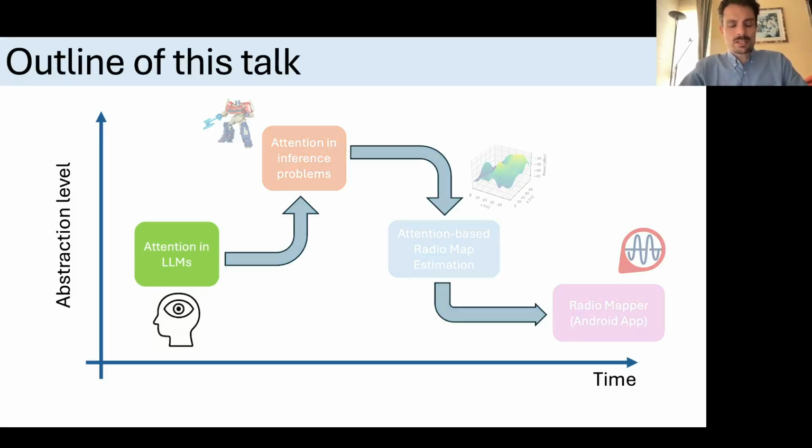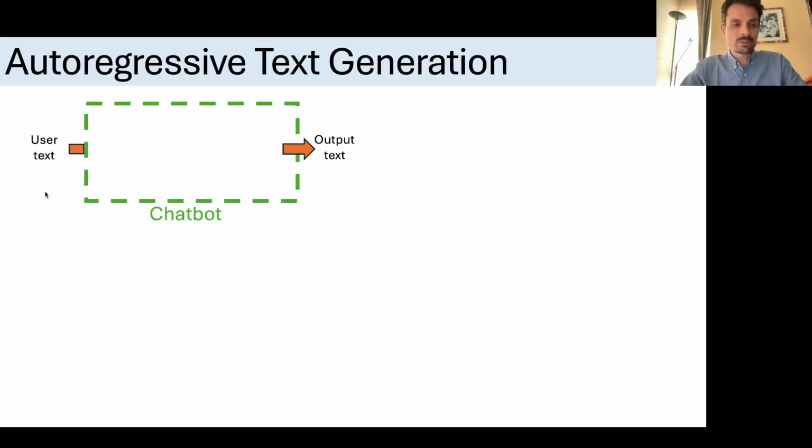So let me start by talking about LLMs. In particular, I will be briefly describing how a chatbot works. A chatbot takes a text provided by the user, the so-called prompt, and then it appends other text like previous prompts, previous outputs of the model, metadata about the user, things like that.